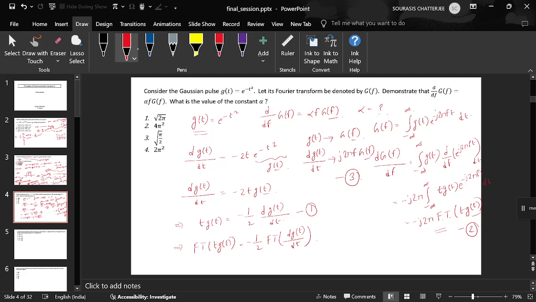And from this expression here we have that the Fourier transform of t g(t) is nothing but 1 over j 2 pi, with the minus sign, times the derivative of the Fourier transform dG(f)/df, and the times 2 is also there because I bring these two to that side, times the Fourier transform of dg(t)/dt. Now this I can directly plug in here, because the Fourier transform of dg(t)/dt, the derivative of g with respect to t, is j 2 pi f G(f).